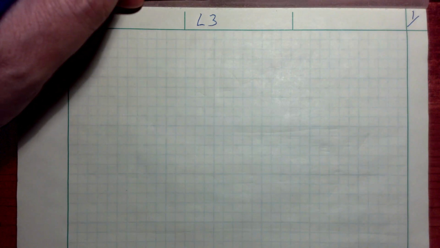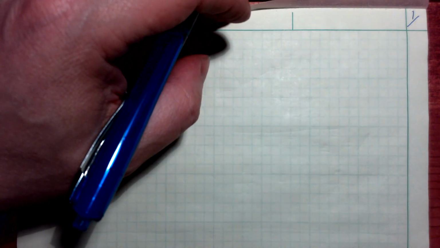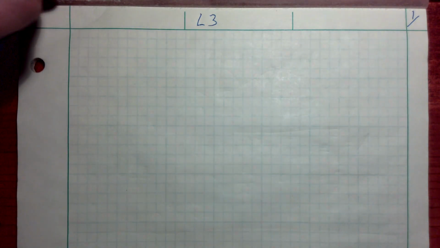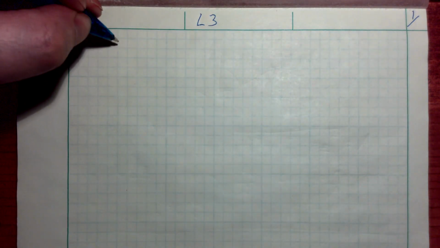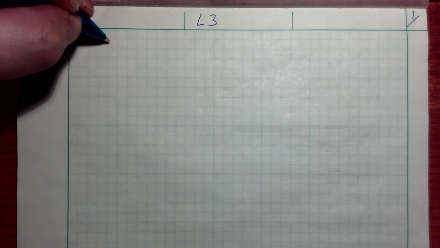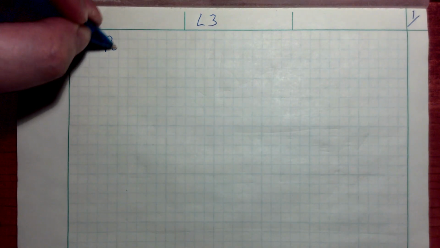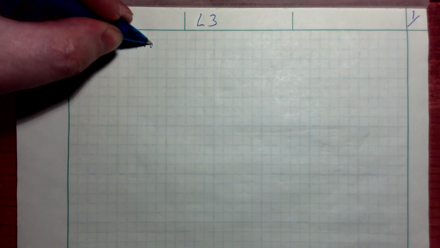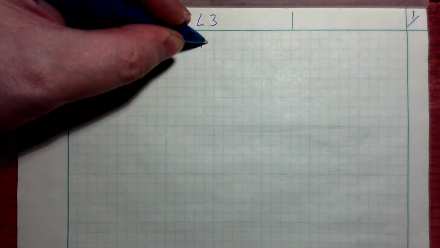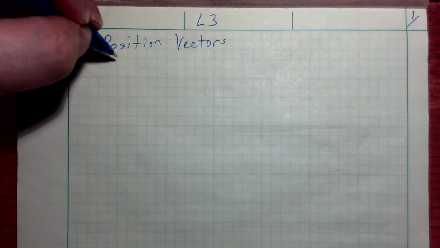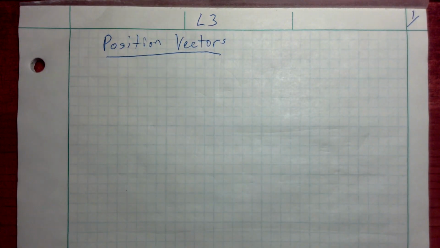So we finished up last time talking about coordinate direction angles. That's one tool we can use for 3-dimensional vectors. Here's another tool we can use for 3-dimensional vectors. Position vectors. Technically you could use this for 2D also, but we normally use these in 3 dimensions.